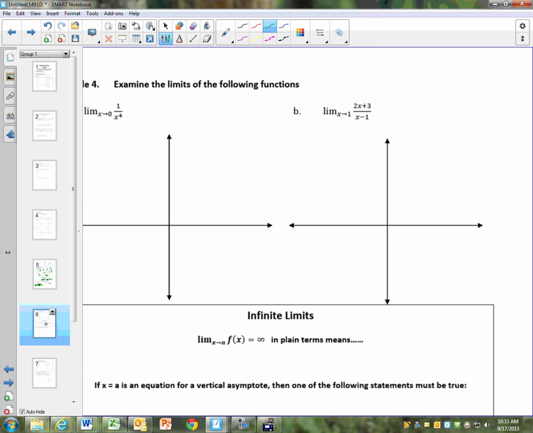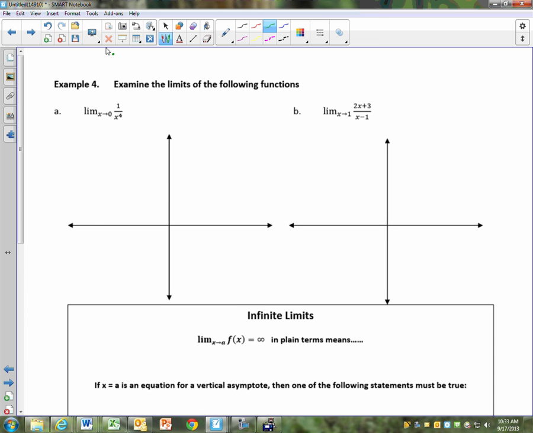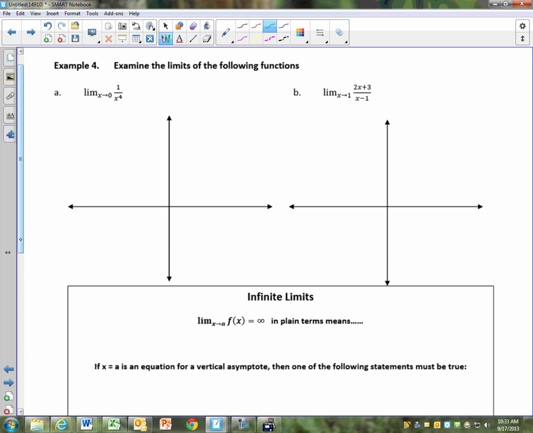Okay, flip it over. So this is our last set of limits to look at. The limit as x approaches 0 of 1 over x to the fourth. Do you know what the graph of 1 over x to the fourth looks like? It's undefined at 0.